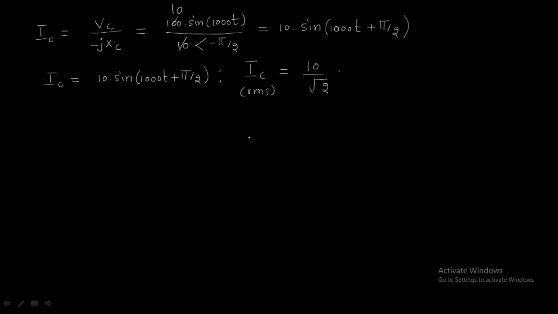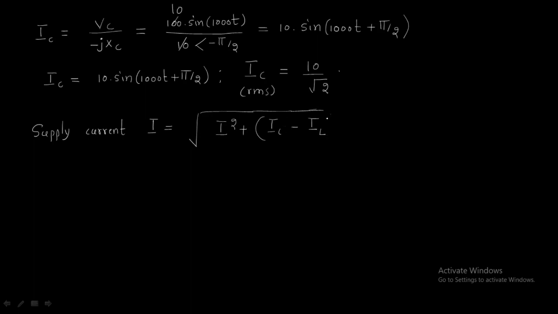What is our required current? Our required current is the supply current magnitude. We can write it directly from the formula: the square root of IR squared plus IC minus IL, all squared.